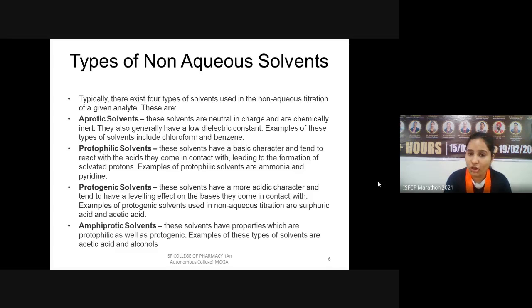Benzene, in the same way, is an organic compound, it will not act as a protic solvent, it will be completely neutral, it has no charge, and hence it will act as an aprotic solvent. Chloroform, although because of the presence of chlorine groups, will have slight polar character as compared to benzene. Benzene is completely neutral, it is a completely non-polar molecule.